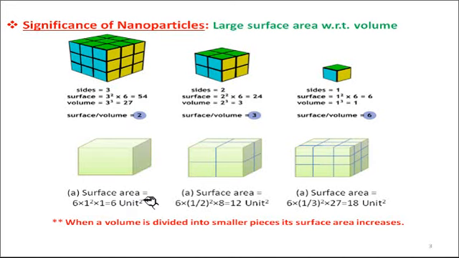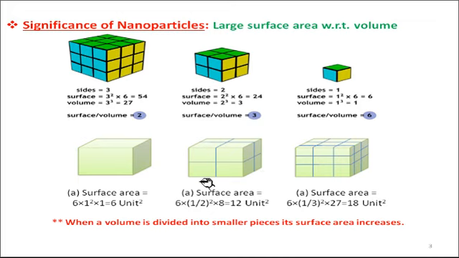Now in a different way, if you measure the mass of all three of these cubes shown, this one is A, B and C, you can easily imagine that the mass of all these three will be the same. But by increasing the smaller divisions here, you are increasing the surface atoms also.